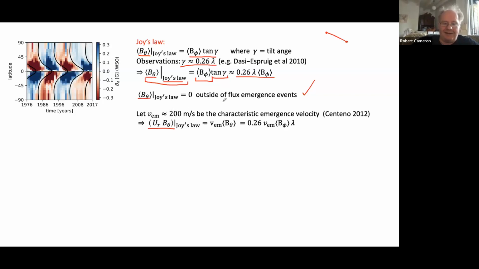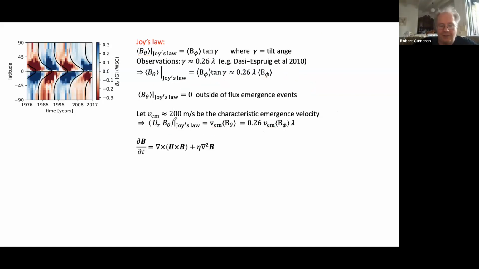B theta is equal to 0.26 times the latitude times B phi. This is just substituting equation 1 into it, and basically multiplying by V_EM, which is a constant.